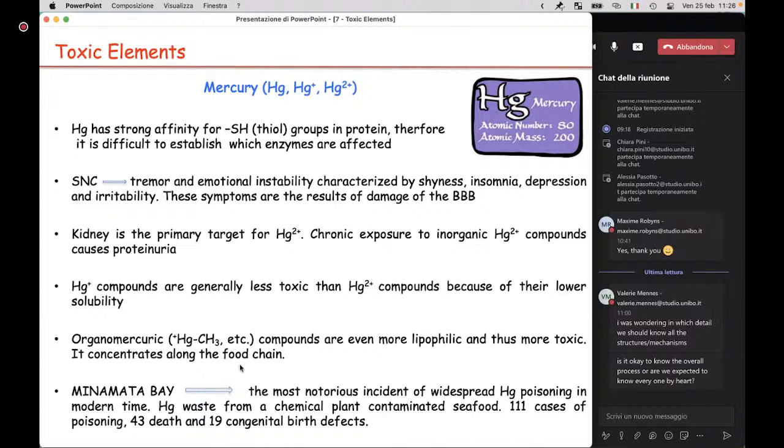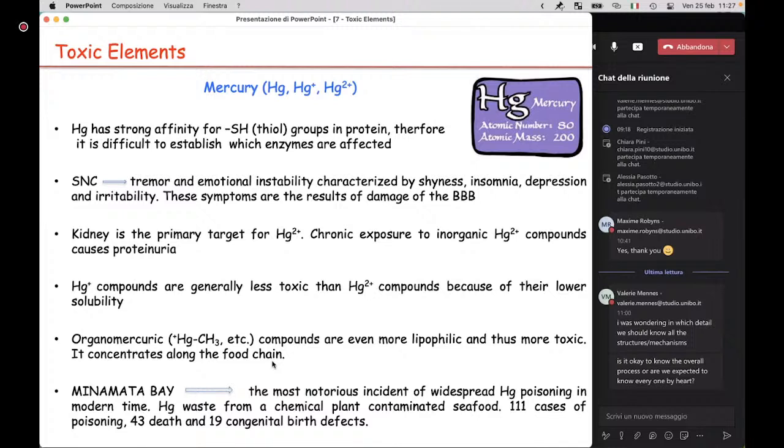And so this is the reason why we have slow chronic poisoning due to mercury: because it accumulates, and when the concentration reaches a high level, we will have the symptoms. And it is the same reason why mercury and the other heavy metals concentrate along the food chain.